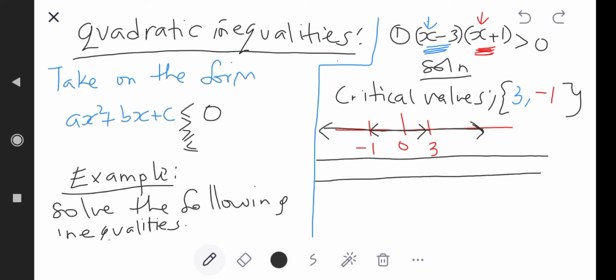Okay, I am going to draw a table. The first region, I'll put it here, is x less than -1. The second region is between -1 and 3, so -1 less than x less than 3. That is the one that represents values of x between -1 and 3.